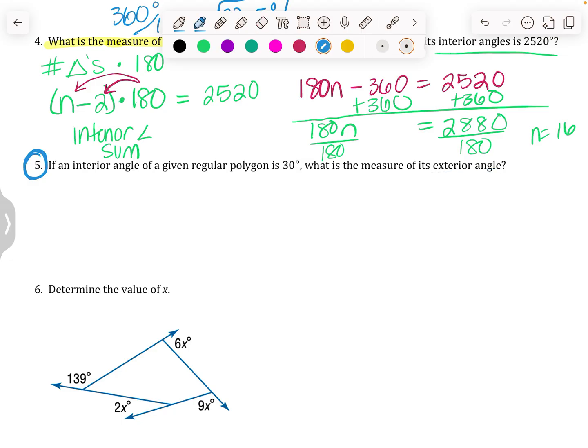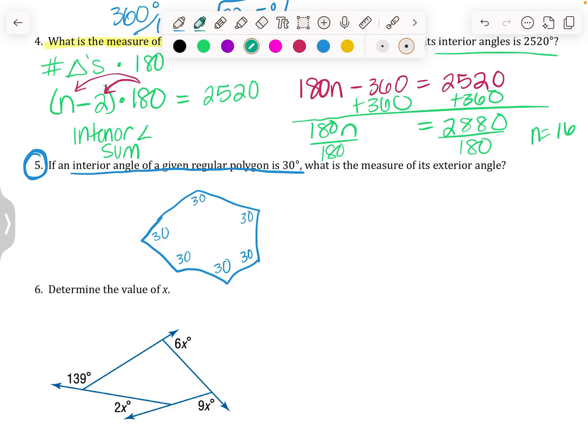The interior angle of a given regular polygon is 30 degrees. So let's say we have this regular polygon and the interior angles are all 30 degrees. We know this polygon doesn't actually exist because we tried and it doesn't have a number of sides.